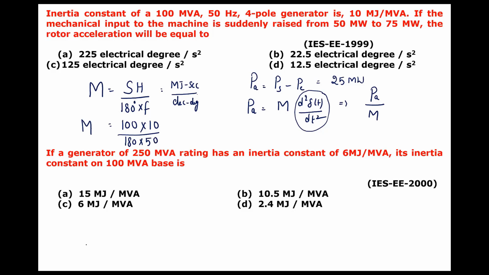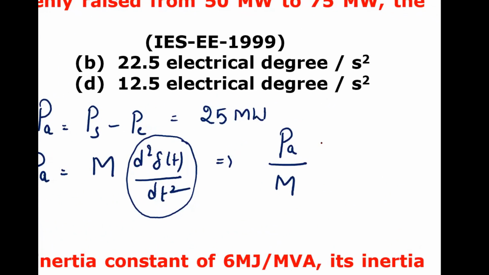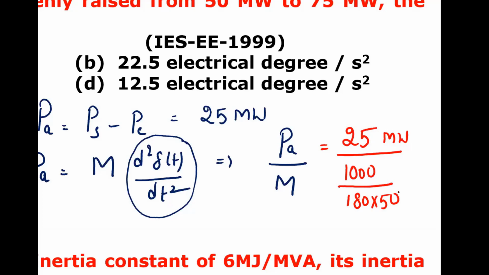If you substitute in this equation, PA is 25 megawatt and M value is 1000 divided by 180 into 50, so many megajoule second per electrical degrees. Now, if you do the simplification, you are going to get its numerical value as, can someone tell?